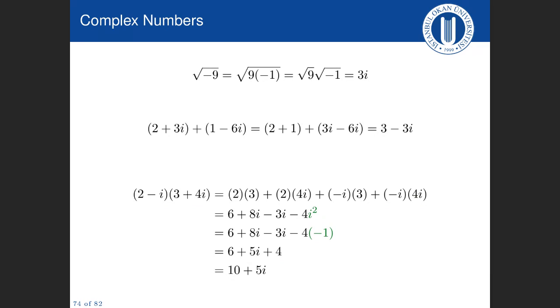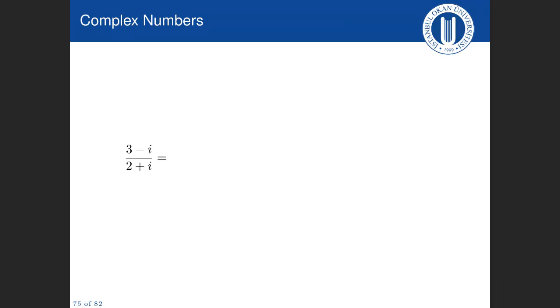We can do complex number divided by complex number, but we need a trick. And this is a trick which I hope you remember from Calculus 1 when you were using this trick to calculate limits. If we're dividing by 2 plus i, change the plus to a minus, we need to multiply by 2 minus i divided by 2 minus i.